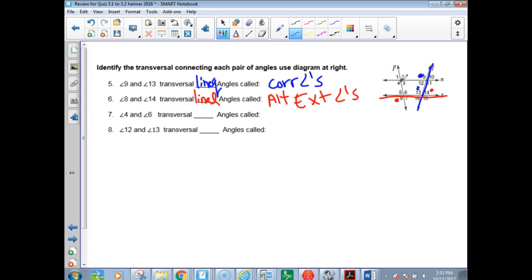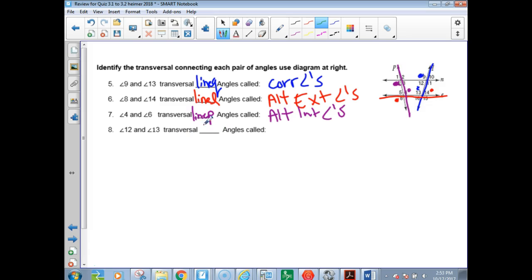4 and 6. Okay, the transversal is line P. That's because these angles are formed by line N and L getting cut by line P. They are alternate between the lines N and L, so those are called alternate interior angles.